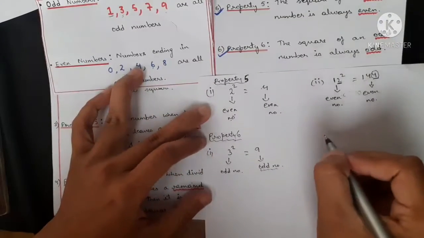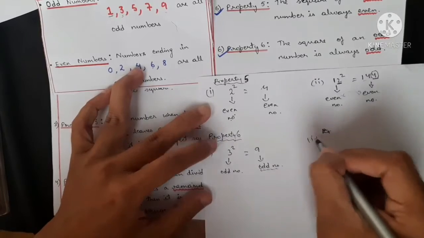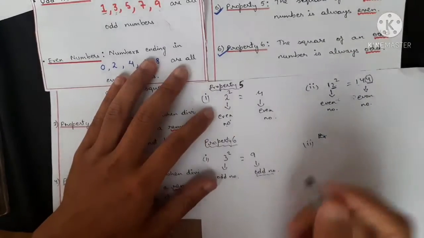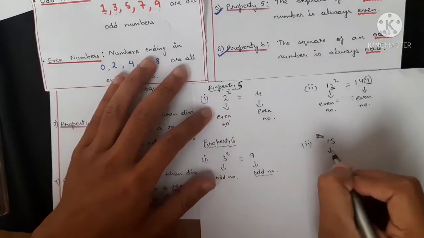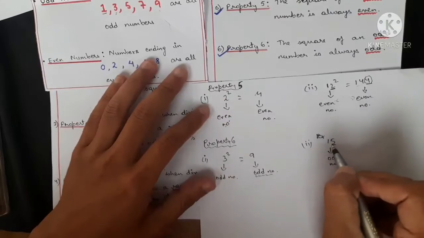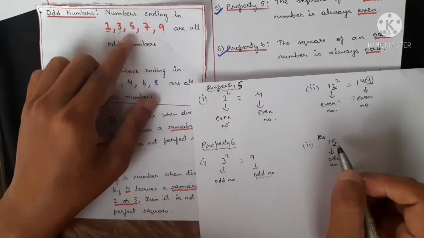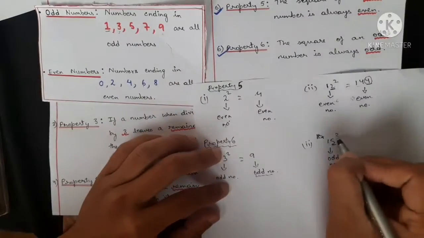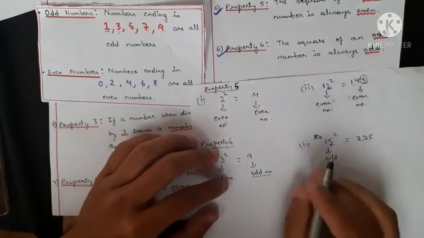Let us take another example. Example number 2: 15. 15 is an odd number because it ends in 5, and 5 is an odd number. So squaring 15, what will we get? We will get 225.